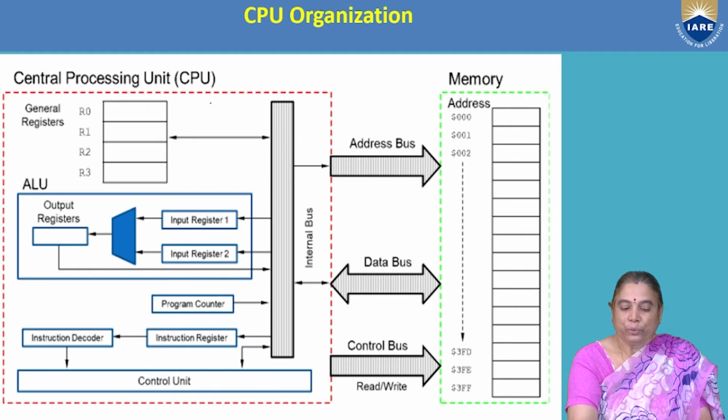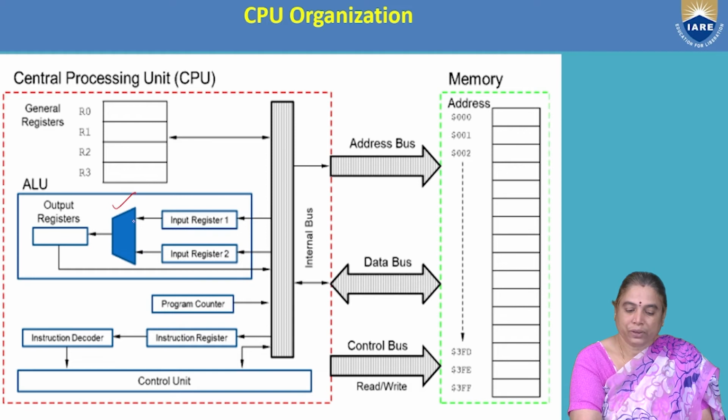In the CPU, we have the general registers and the ALU. In the ALU, we have input register 1 and input register 2. The ALU performs the basic arithmetic and logical operations we just discussed, and the result is stored in the output register.